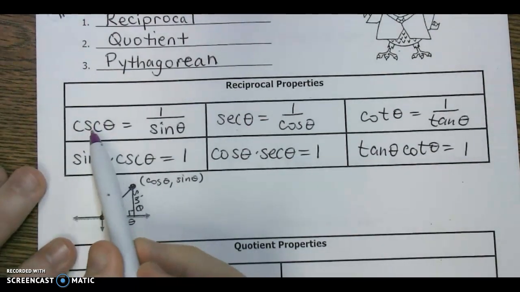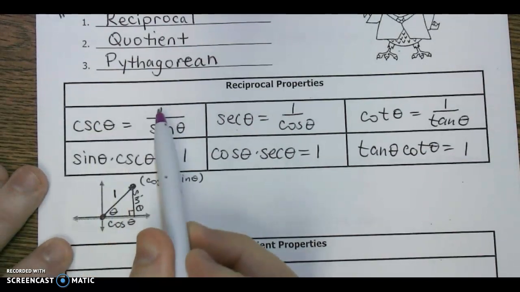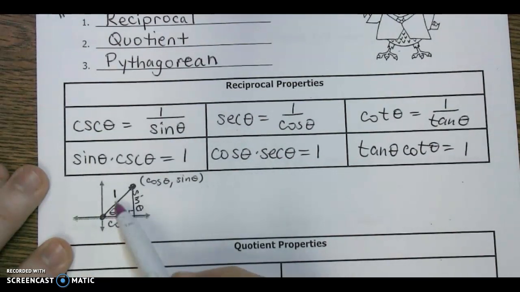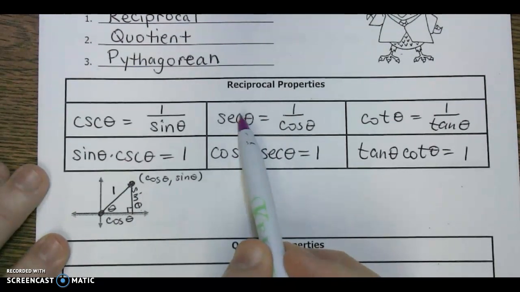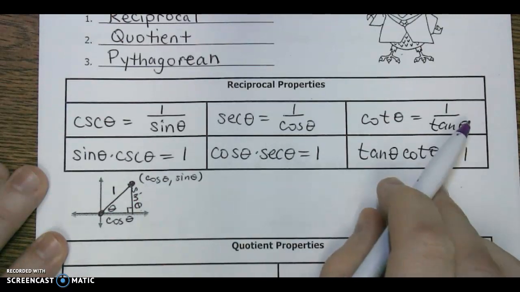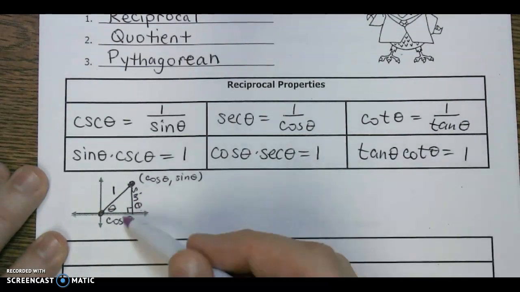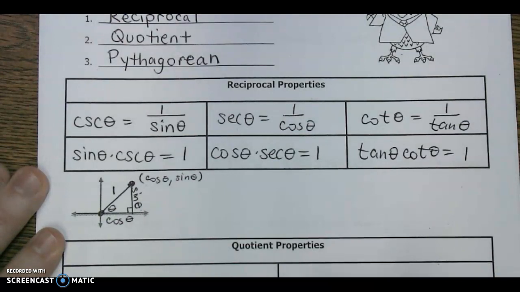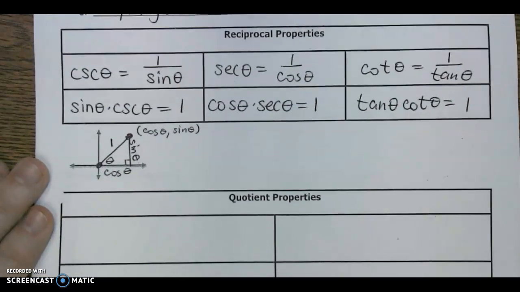So cosecant, we know, is hypotenuse over opposite, and so that would be the 1 over the sine. Secant is hypotenuse over adjacent, so that'd be 1 over cosine. And cotangent is adjacent over opposite, and so that is cosine over sine, which is just tangent upside down. But actually, that gives us one of our properties down here.